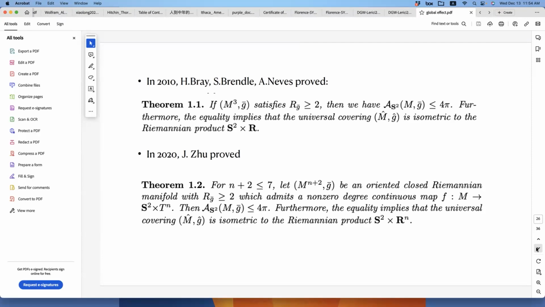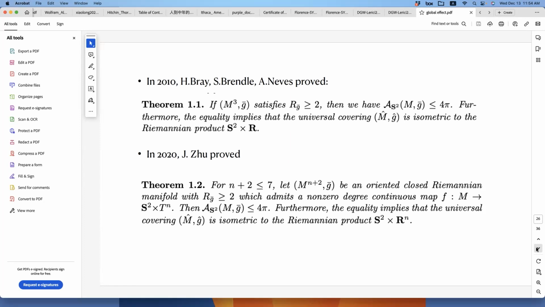Also, this manifold admits a non-zero degree continuous map from M to the model space S^2 times T^n, where T^n refers to the n-dimensional torus. Then he showed that this A is less than or equal to 4 pi, and equality holds if and only if it is locally isometric to S^2 cross R^n, the n-dimensional Euclidean space.